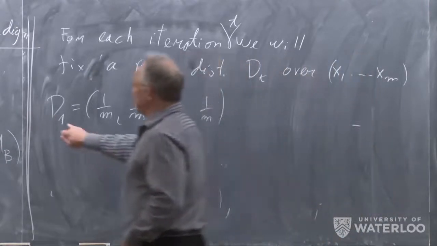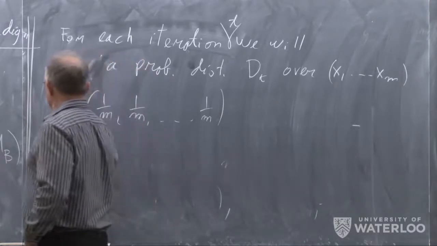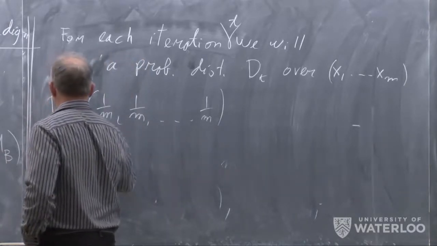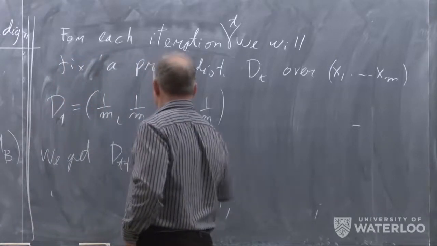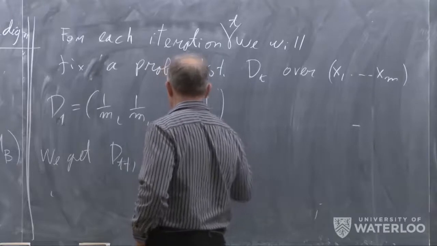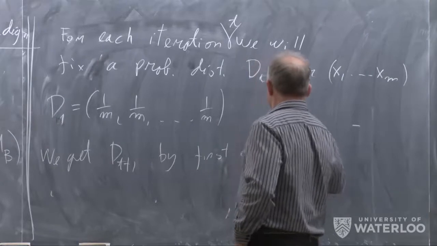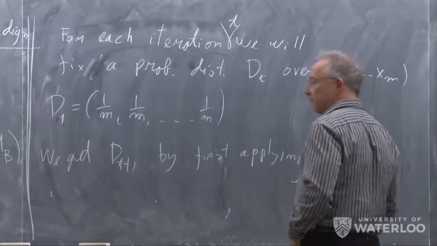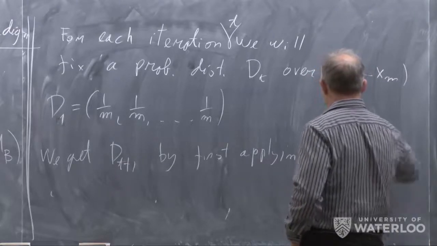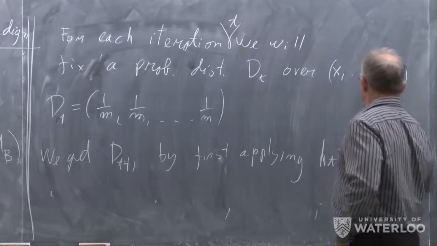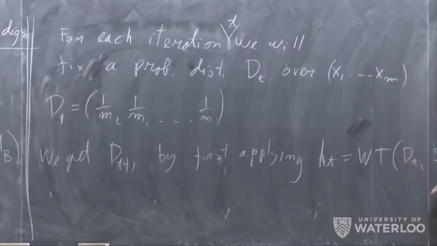Now we have to define what D_{t+1} is. So we get D_{t+1} by first applying h_t, which is the weak teacher applied to the sample D_t weighted by D_t.